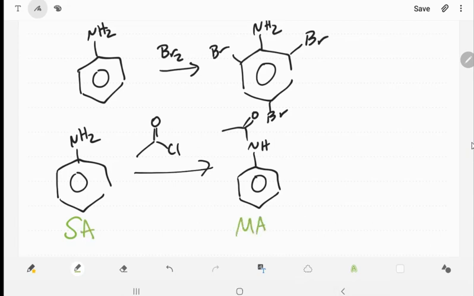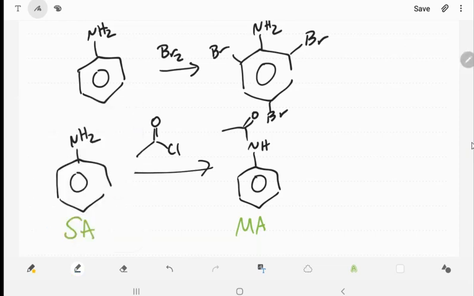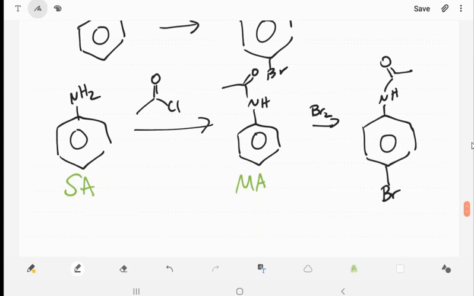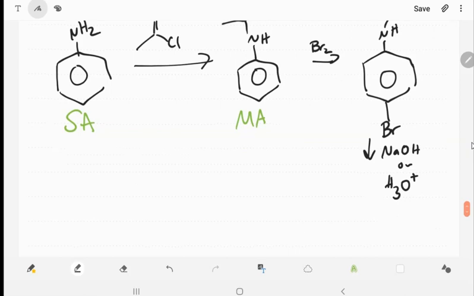That's going to calm down your benzene a little bit, so that if you go ahead and put your bromine in there, you're only going to get the para one, predominantly. It kind of calms it down. And then you can just hydrolyze it off. If you just do base or acid wash, you can get back your amine.